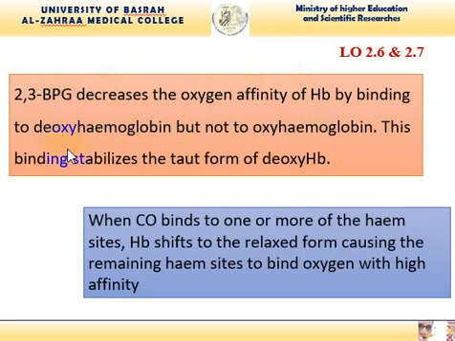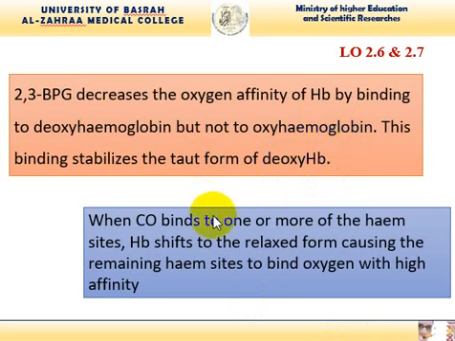This binding will stabilize the deoxyhemoglobin in a T state, meaning it keeps the hemoglobin in a tense state, so it does not allow the oxygen to bind, and for that reason it decreases the oxygen affinity. So this means that it prevents the heme site from binding with the oxygen.